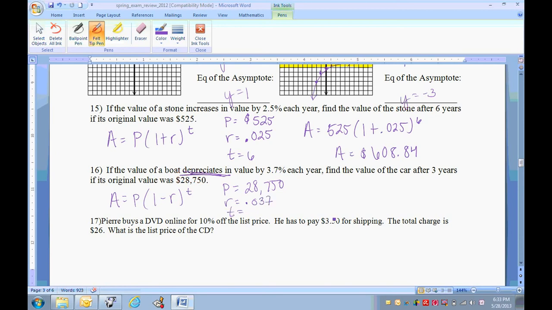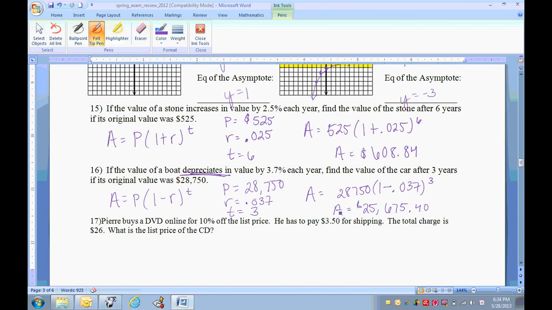And then the time that we're interested in is 3 years after the original price. So this becomes A equals 28,750 times 1 minus 0.037 raised to the 3. And when you enter that into your calculator, you end up with $25,675.40.